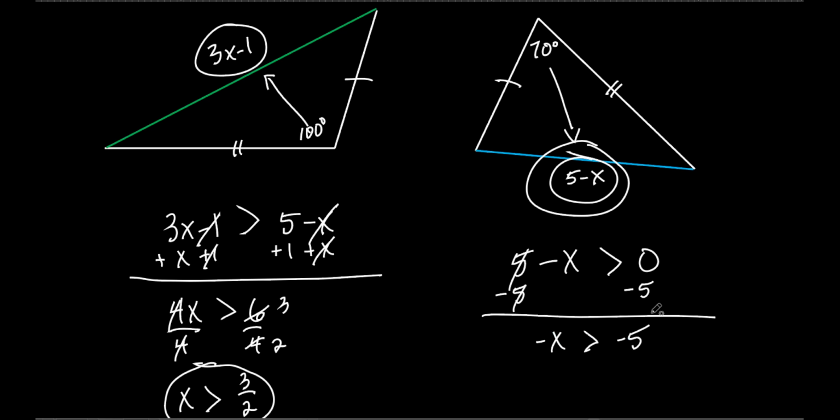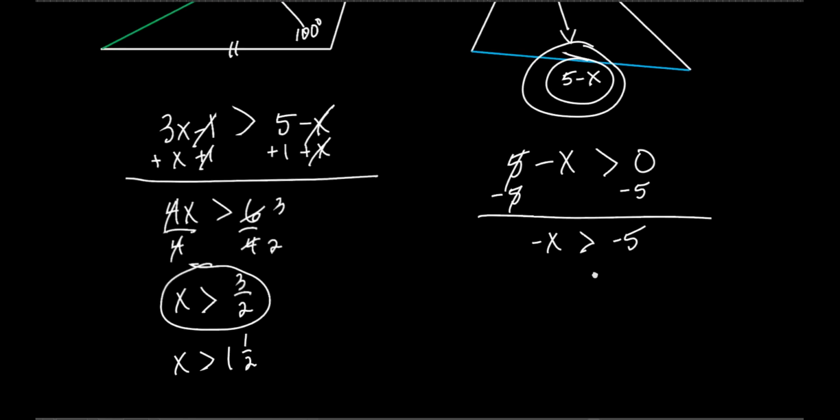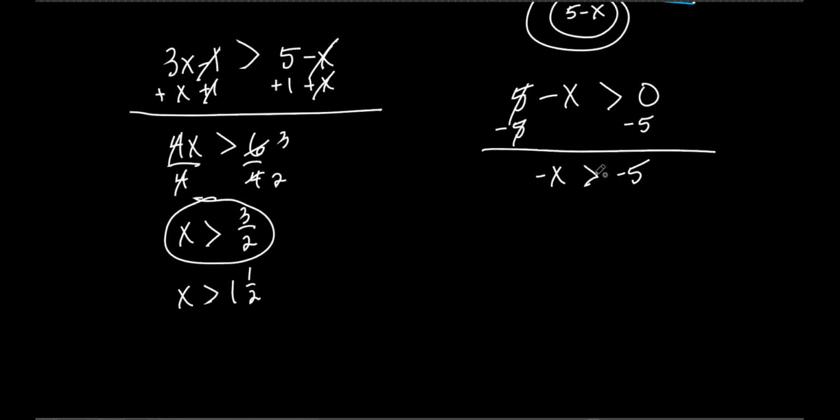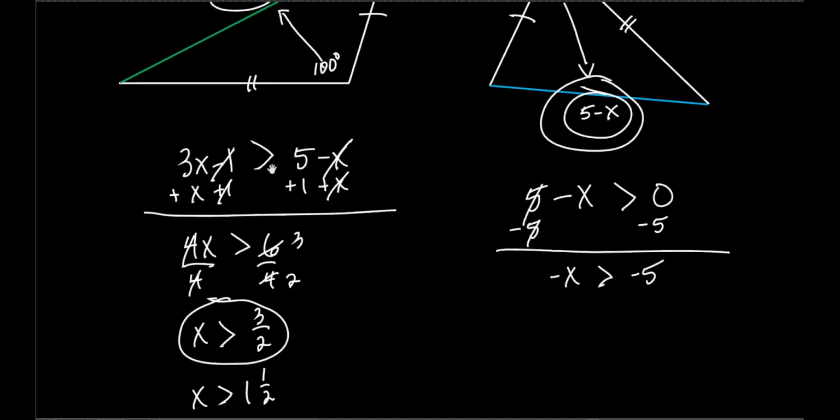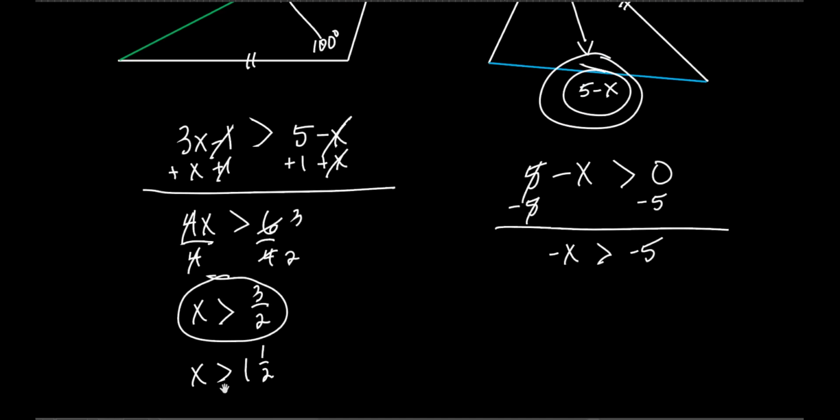Now, here's something that should have been taught in Algebra 1, but I can't take that for granted. So I'm going to teach it to you right now. When you're doing algebra with inequalities, almost all the time, except for one exception, and we have that exception right now, you just do your algebra as if it was an equal sign. Like right up here, if this was an equal sign, we would have had x equal to 3/2, right?